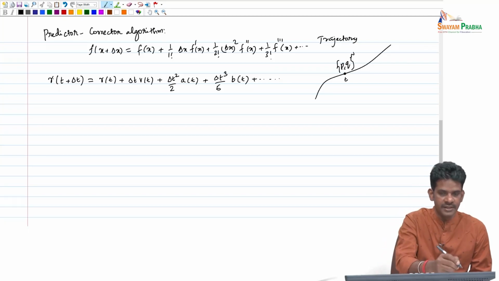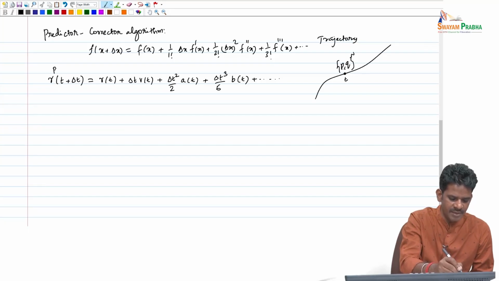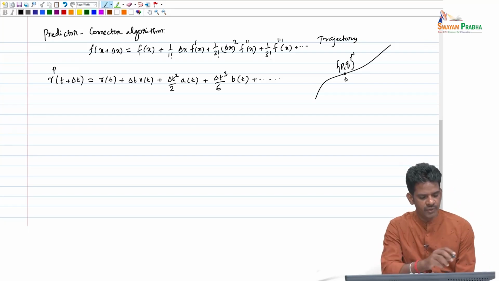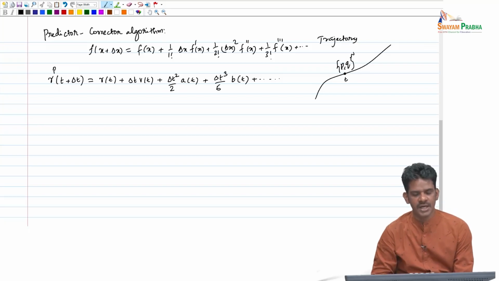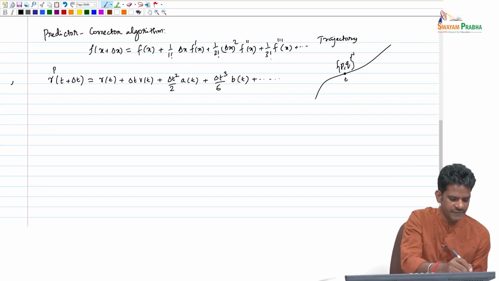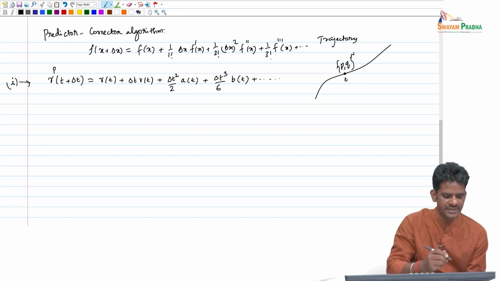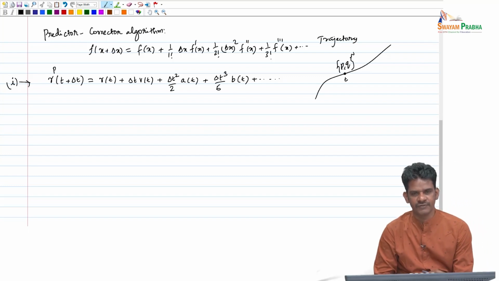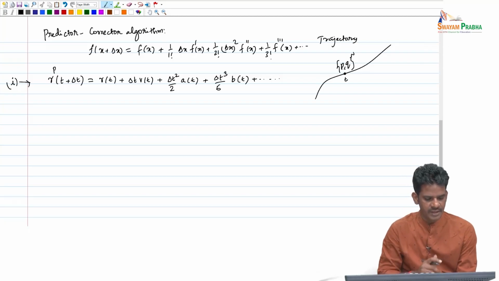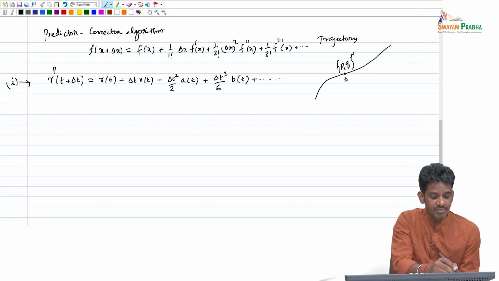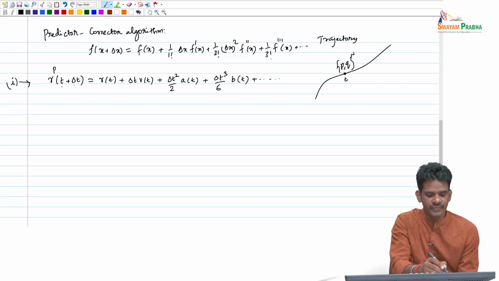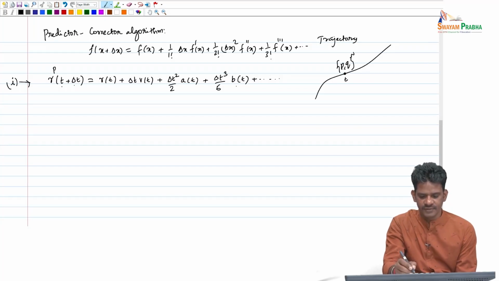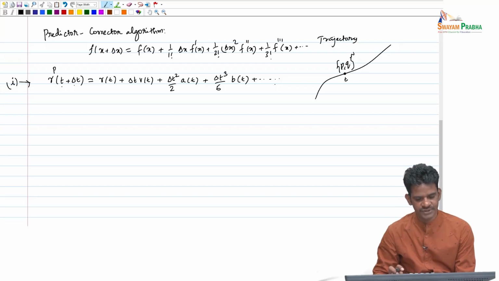So here this r is the predicted position, I am going to put a p as a superscript to denote that it is a predicted position of an ith particle. I am not using the suffix i to denote the ith particle, but it is implicit. For every particle we write this kind of an equation for every species in the system. So the predicted position at a time t plus delta t is nothing but the position at t, plus delta t times the velocity, and then delta t square by 2 times the acceleration, and then you can have even the third derivative and fourth derivative of position as well.